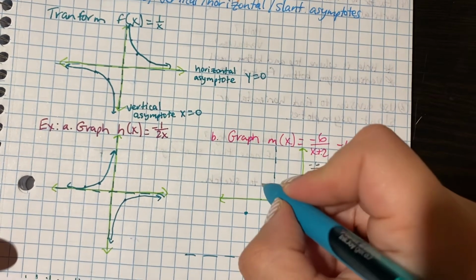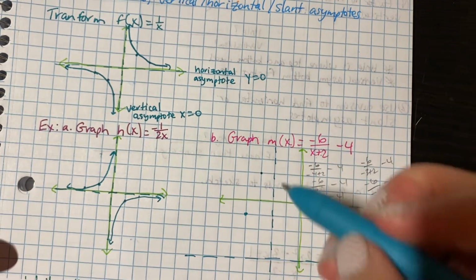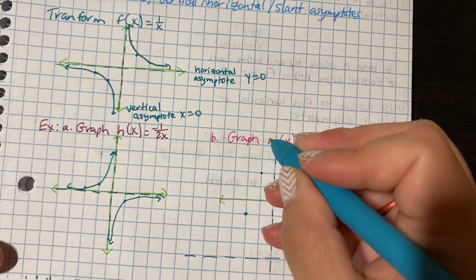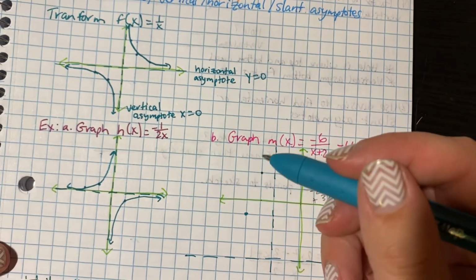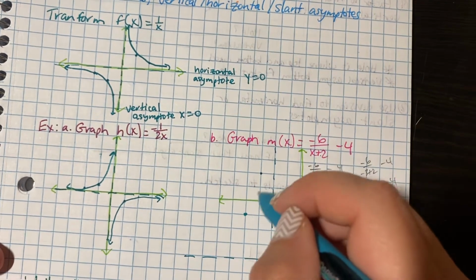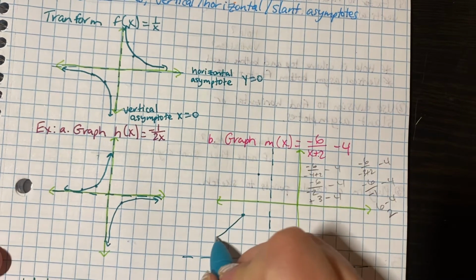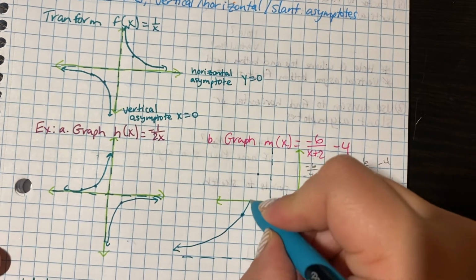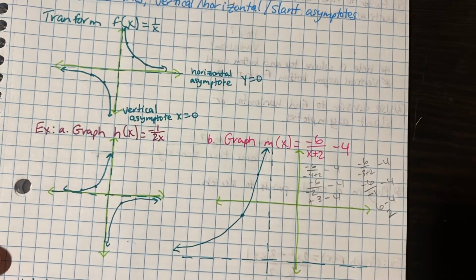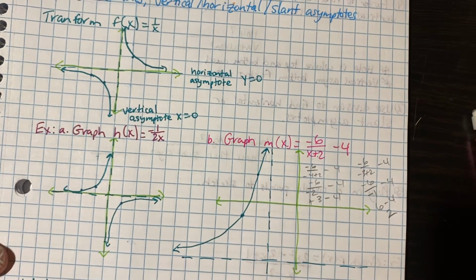1, 2, 1, 2, 3. So it looks like I head up, and then at some point I start curving down. So these are going to be the same on the top and the bottom.